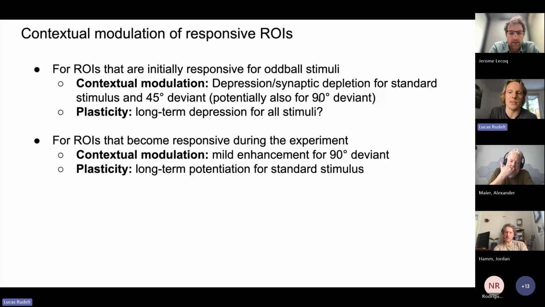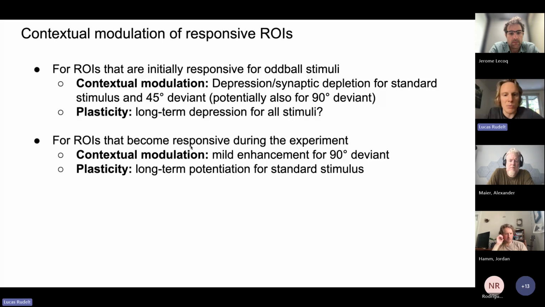So we cannot really see that in this analysis. And it looks like there's long-term depression, pretty much for all stimuli. And I put a question mark here because I will challenge this conclusion in the next part.